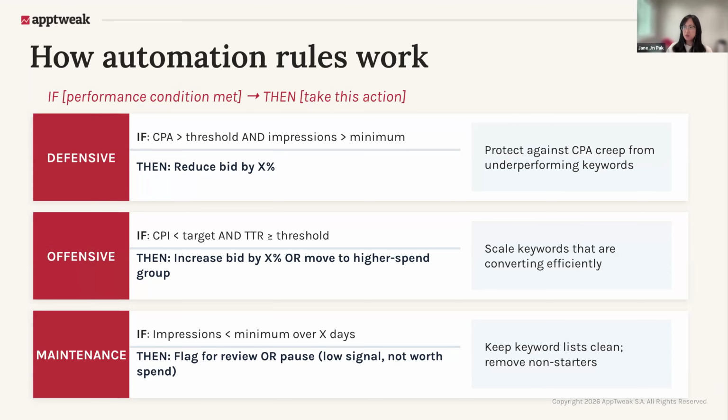Like if a certain keyword doesn't get a certain number of impressions or taps over the last 7 days, then we technically don't have data to make a decision on that, so you want to increase the bid to get more data. Alternatively, if you have a good chunk of data and you know that it's not performing well, conversion rate's really low, low tap-through rates, then maybe you want to negate that keyword because you know it's not really relevant to your app.